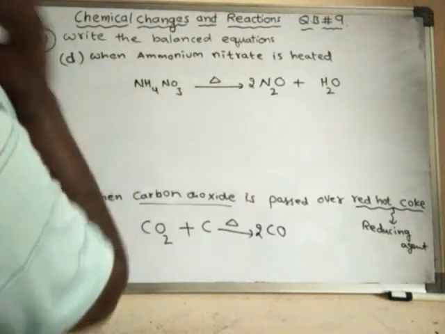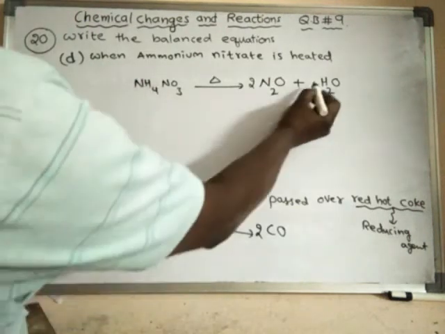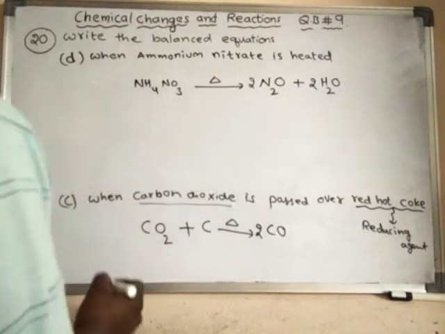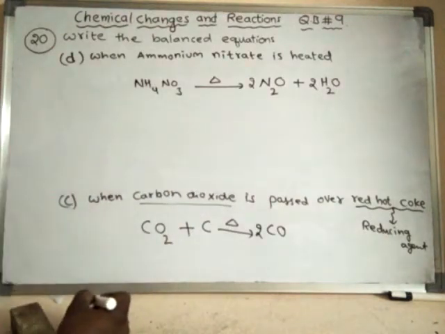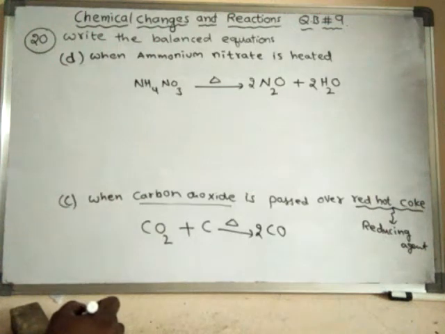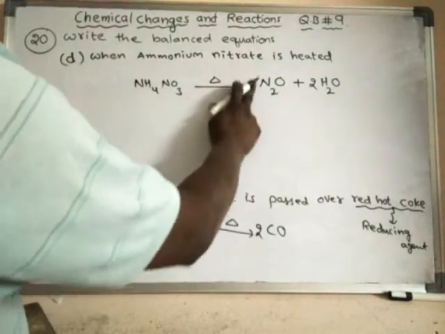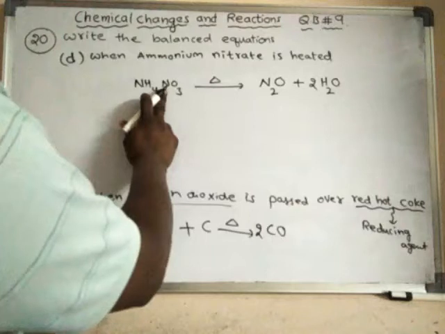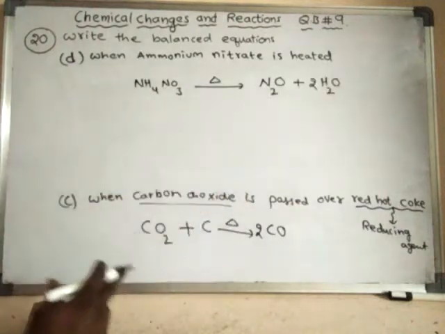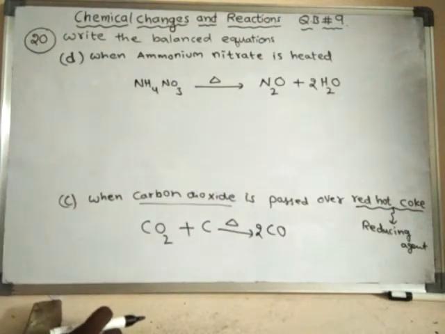How many hydrogens are there? Four hydrogens, that means two H2O. Sorry, N2O, one oxygen.